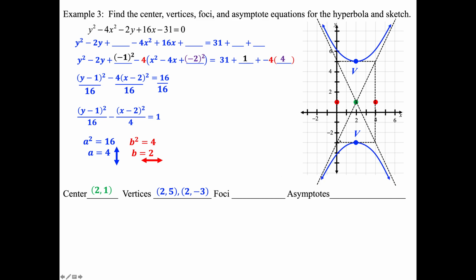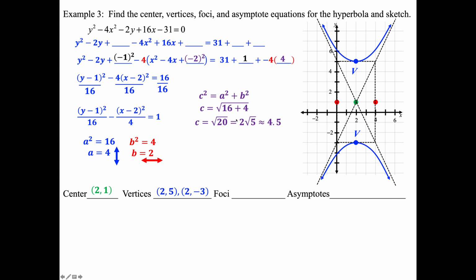So draw in that box, draw in your diagonals, then since y was first, we'll draw hyperbolas going up and down. There's my hyperbolas. For my foci, Pythagorean theorem: a squared plus b squared equals c squared, so 16 plus 4 is 20.